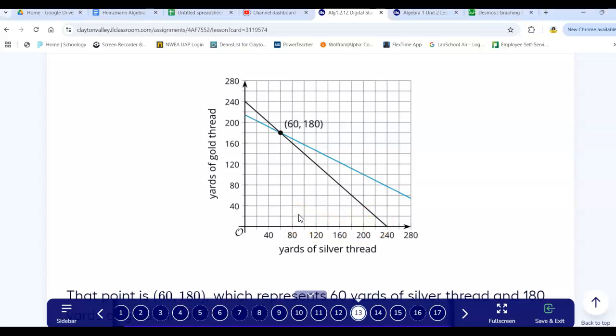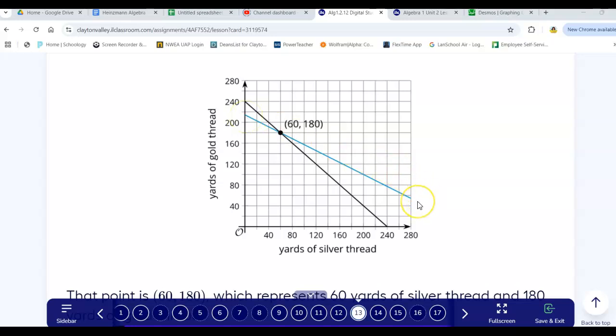You have your length constraint. Okay, 240, 240. If you only bought gold thread, you would have 240 yards, right? If you only bought silver thread, you would have 240 yards. And here is how much it would cost if you only bought gold thread.